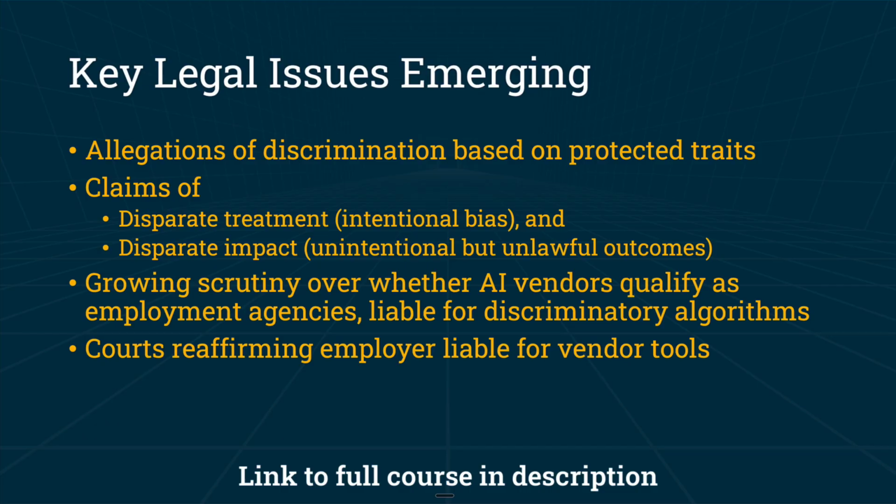There is growing scrutiny over whether AI vendors qualify as employment agencies and therefore liable for discriminatory algorithms. This is important because at the time of recording, it is unclear whether a third party that creates and makes available for use a screening tool can be held liable for an organization's deployment of that tool.